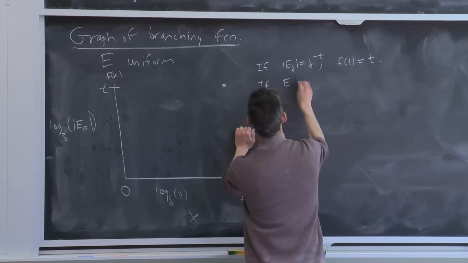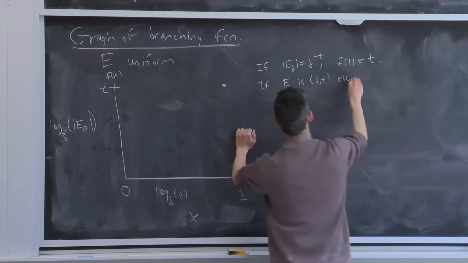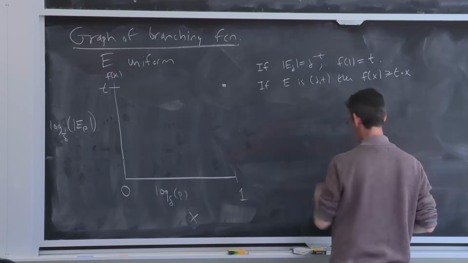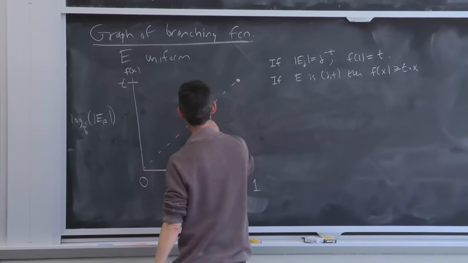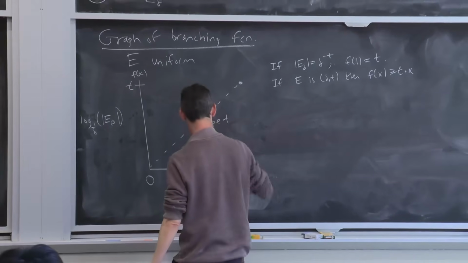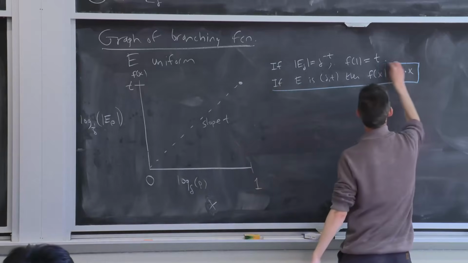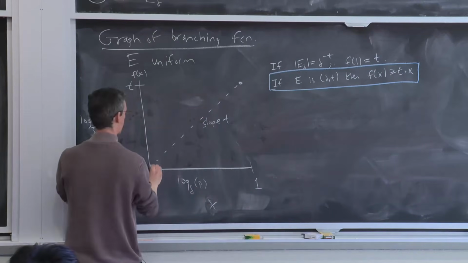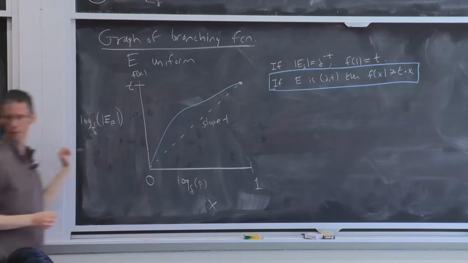If E is a delta t set, then it means that f of x is bigger than t times x. So here's the straight line with slope t. And I'll put this in blue. F of x is bigger than t times x. OK, there are many things that we could draw that do that, but it'd be like that.